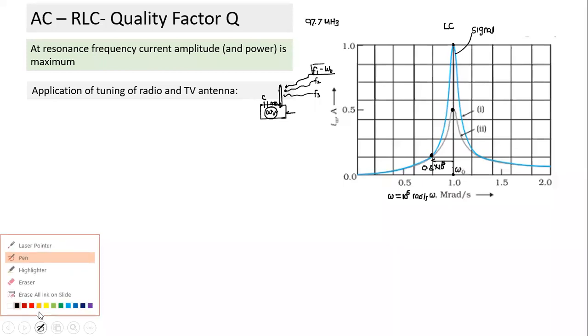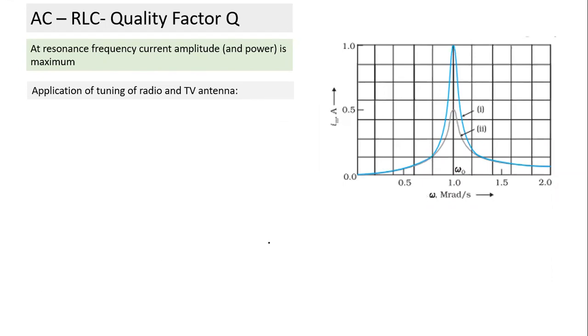What are the things we need to know about the quality of a circuit? If there are two circuits, one person has a black radio and someone has a blue radio. When you set your frequency to the incoming source frequency, it should be loud.